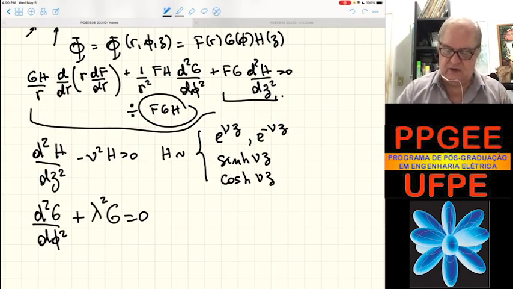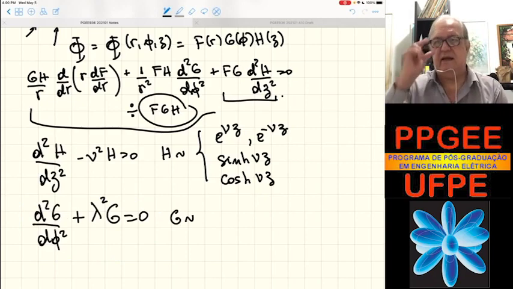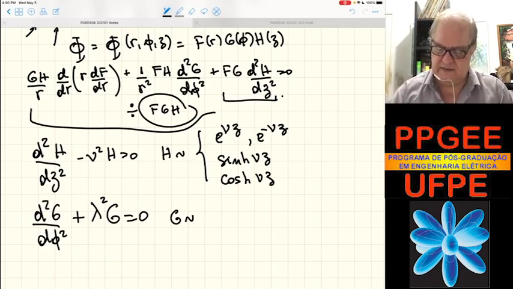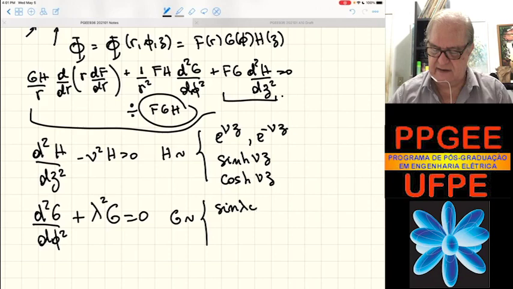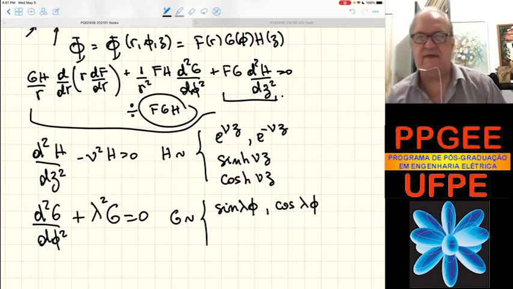And the solution for G, we know that is going to be, in general, right? We could use complex exponentials, but in this case, it's going to be easier to use sine and cosine of lambda phi. I mean, you could use exponentials of plus or minus j lambda phi, right?